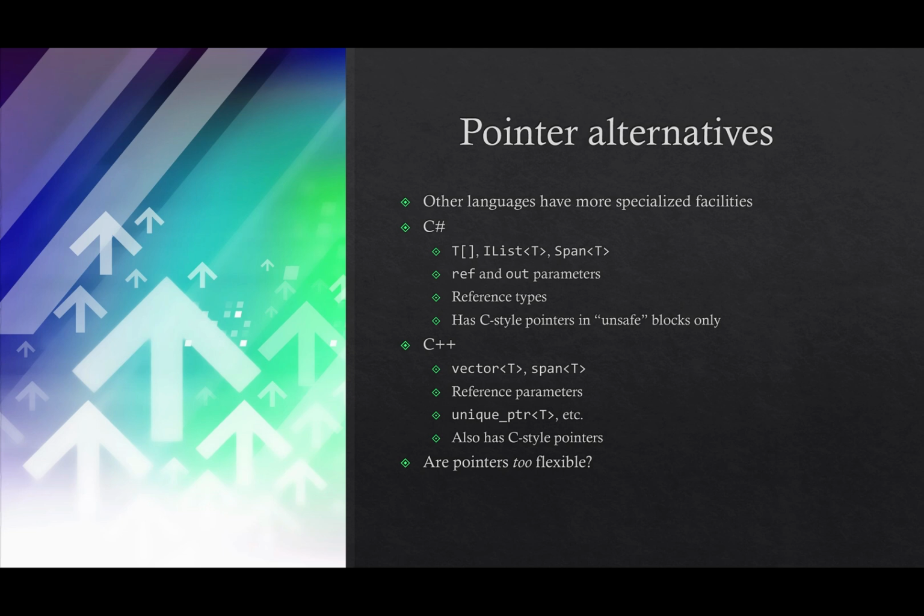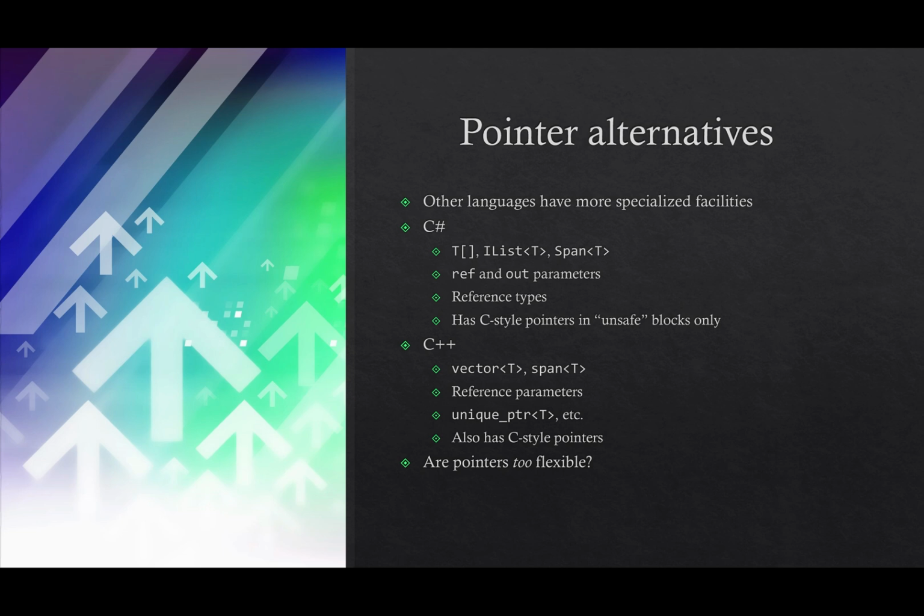So for example, in C#, if you want to work with arrays, you can have arrays as first-class objects. So when you define a T with square brackets, that means an array of T. And an array of T is really a first-class object with a length that you can pass as a parameter, and the compiler or the runtime can enforce that you're not going to read past the bounds of that array.